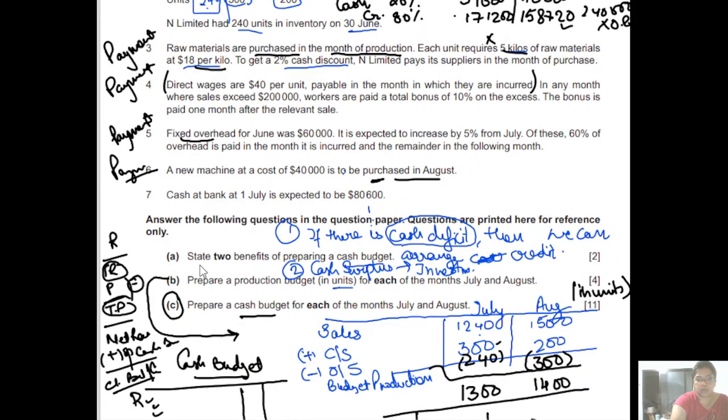Okay, fifth. In fifth point, they told you that fixed overhead for the month of June was 60,000.